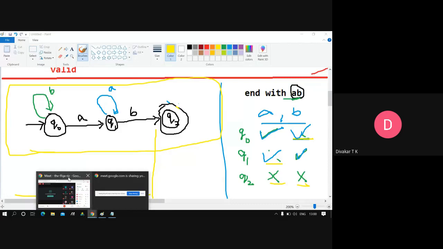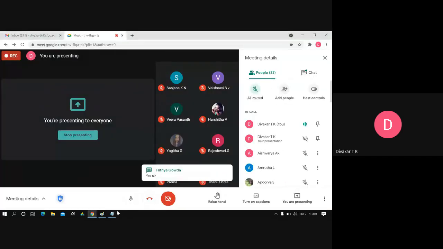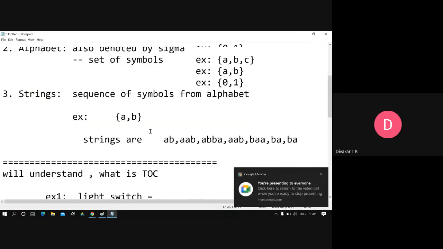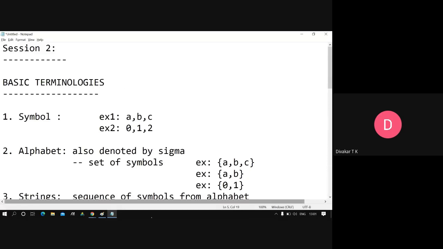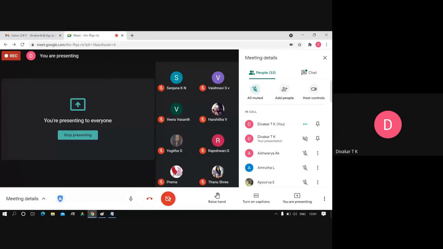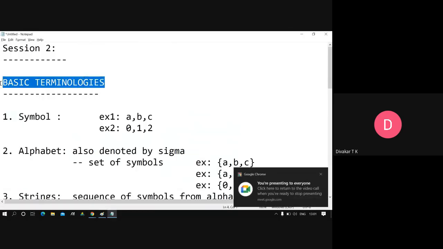Before jumping to another class, please stay back, I will wrap up this particular class now. Today, in session 2, we started with basic terminology.